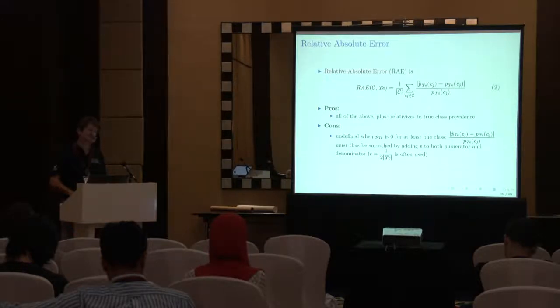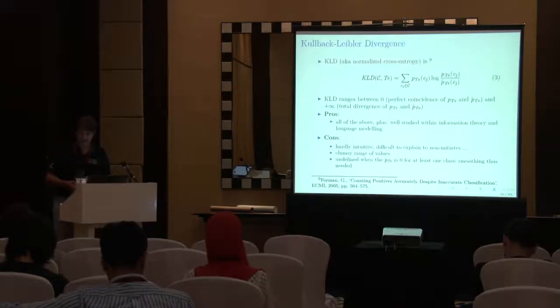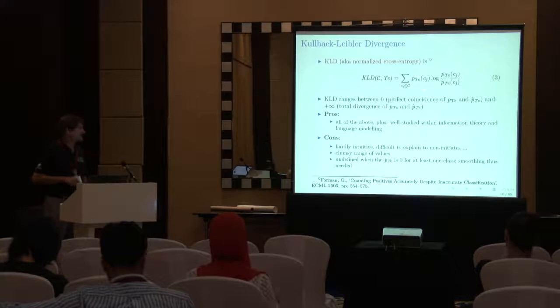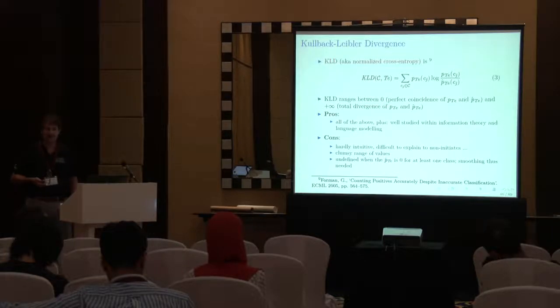Actually, relative absolute error is a reasonable measure, but the measure that has sort of stuck, that has become quite standard in quantification is Kullback-Leibler divergence. Okay. So KLD, which is also called normalized cross entropy, has this formula, and many of you would typically know KLD because it's sort of ubiquitous within language models, for instance.